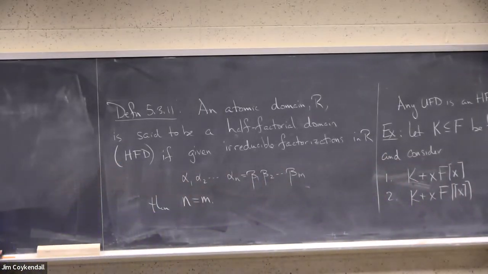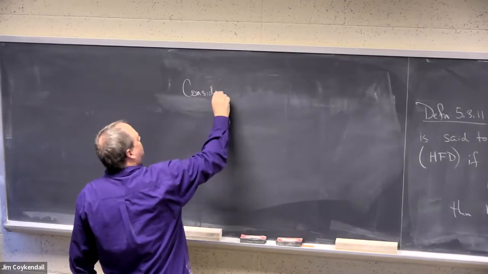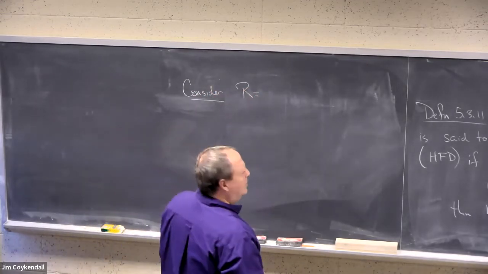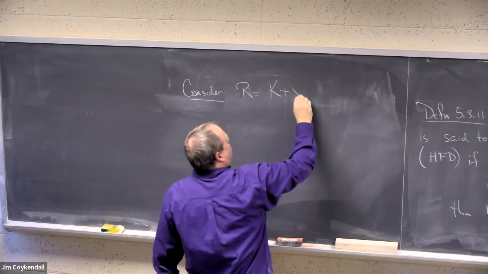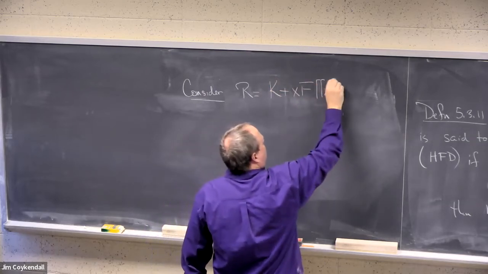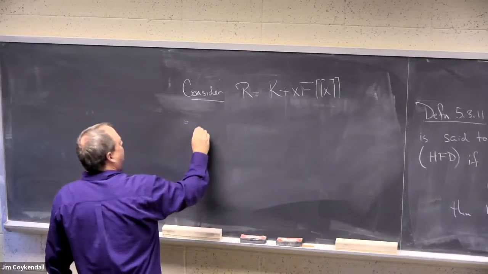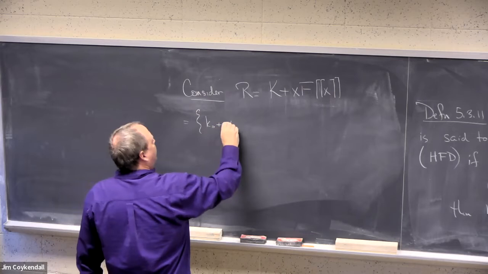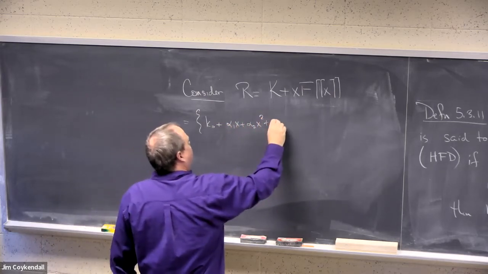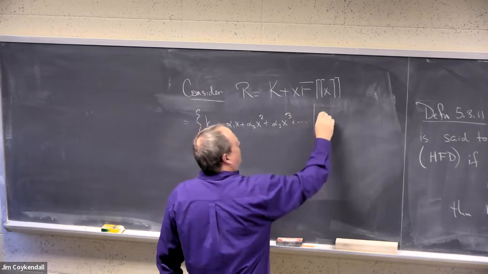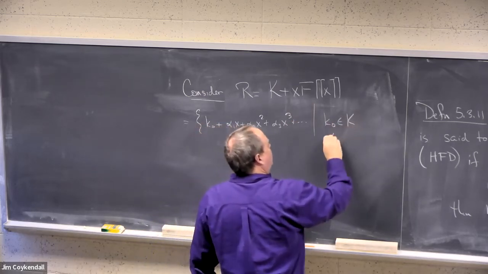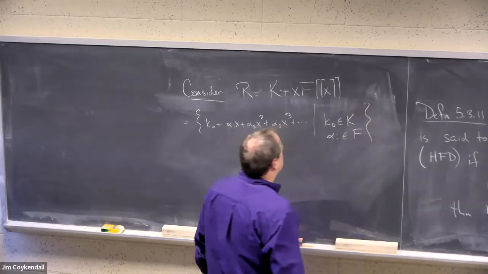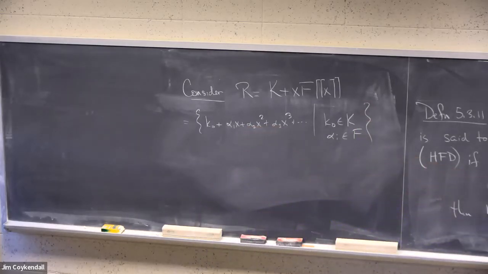So consider the formal power series that look like this: K0 plus alpha 1 x plus alpha 2 x squared and so on, where K0 is in K and the alpha i's are in F. Now, I think a good approach to this is the first thing that we have to do is figure out what my units and my irreducibles look like.